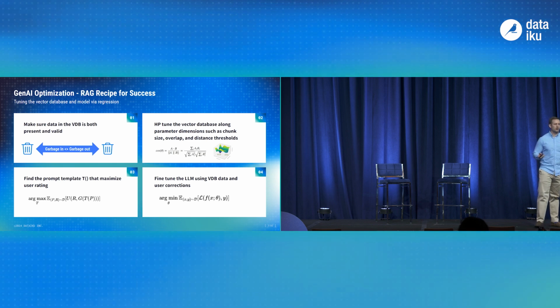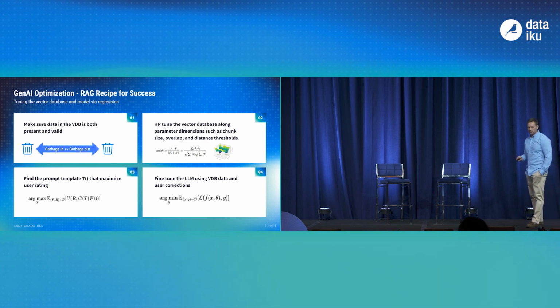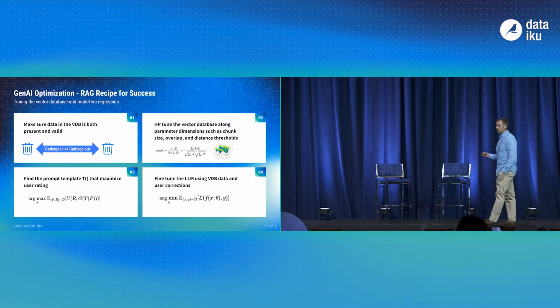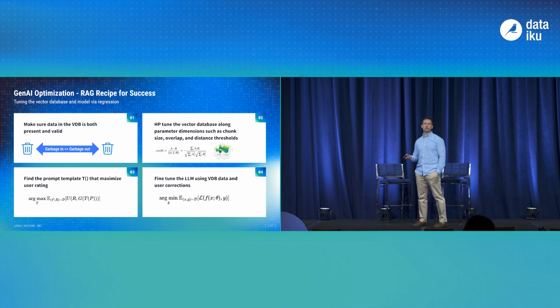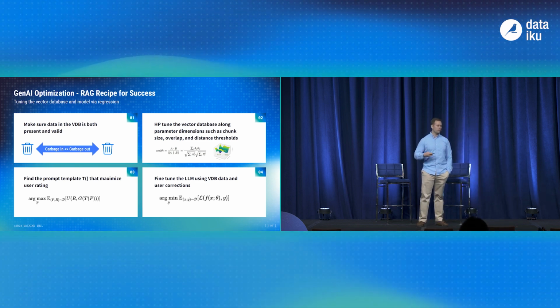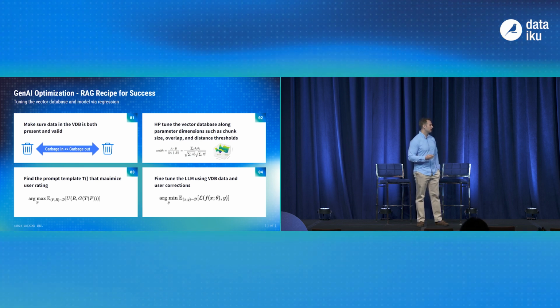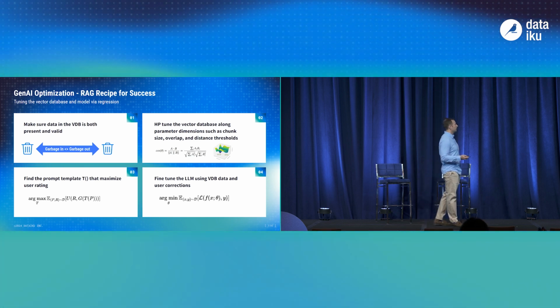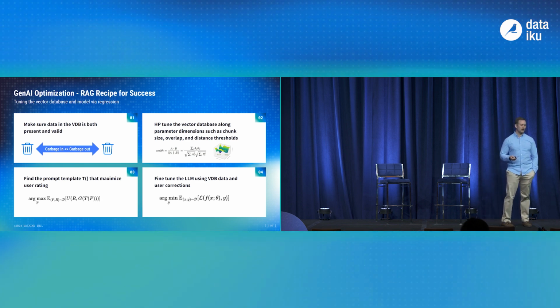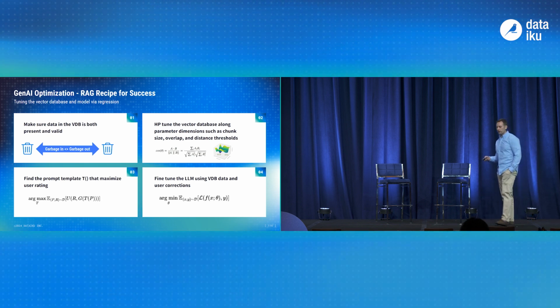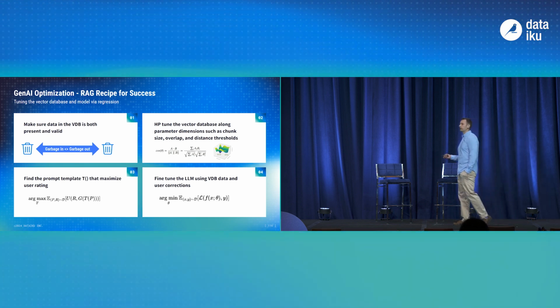But the first and most important one is the common ML mantra, right? Anyone who's productionized an AI solution has heard garbage in, garbage out, right? On more than one occasion in productionized RAG solutions, someone would come to us and say, hey, we asked this question, we got the wrong answer.